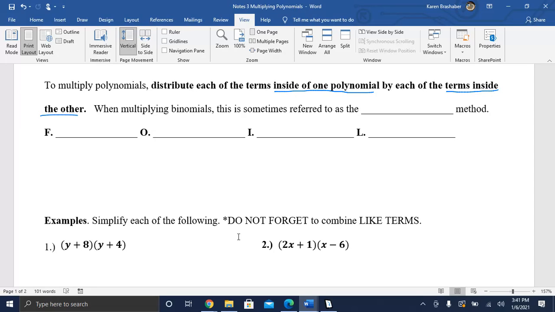And when you're doing this with binomials, this is sometimes referred to as the FOIL method. And FOIL stands for first, and then outside, and then inside, and last.